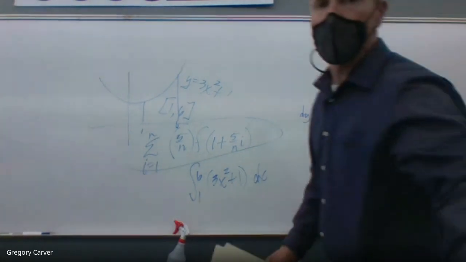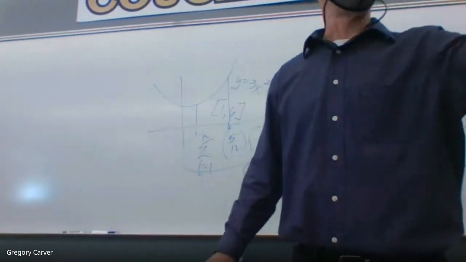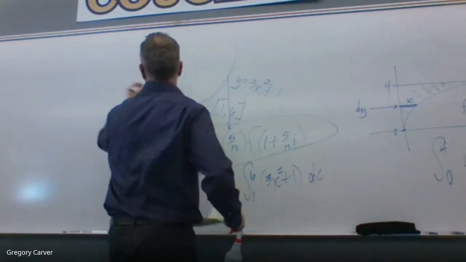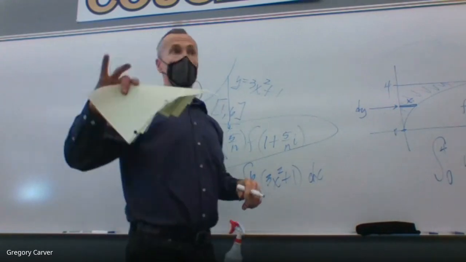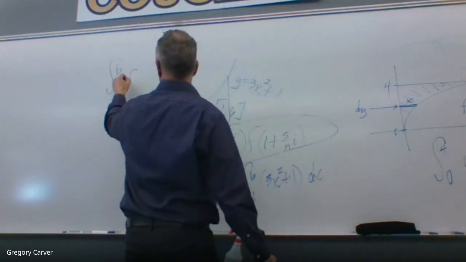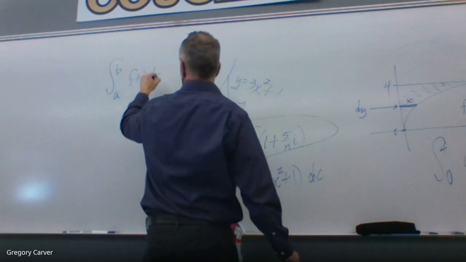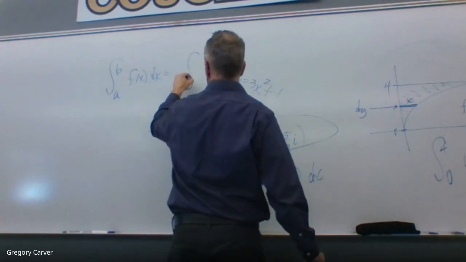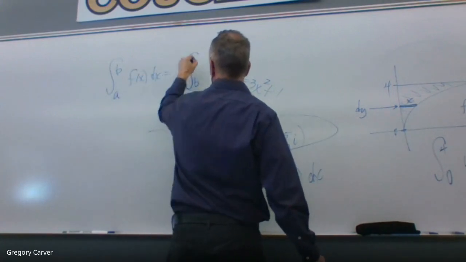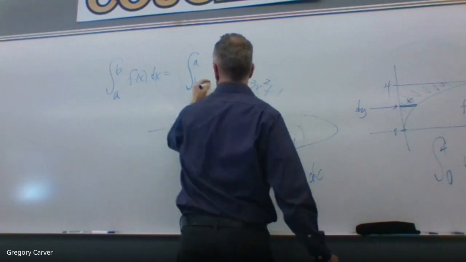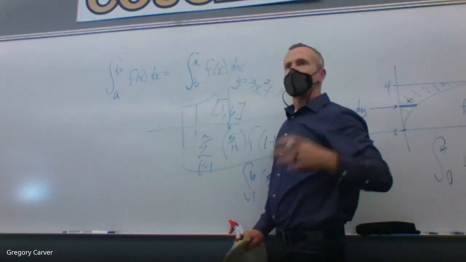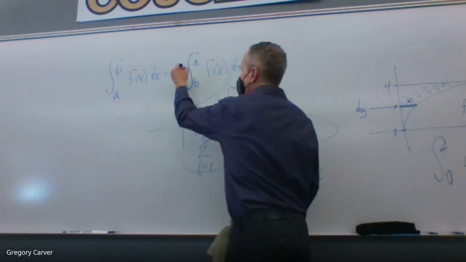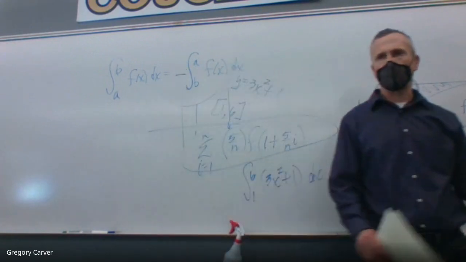Check this out. If I had this, just write this down. I'll explain this later. Take my word for it. If you have the area from, say, A to B, A is lower, B is higher, of f of x dx, and I take those bounds and switch them, I get the same number, but it has the opposite sign.